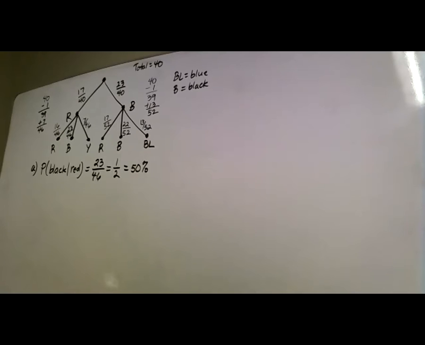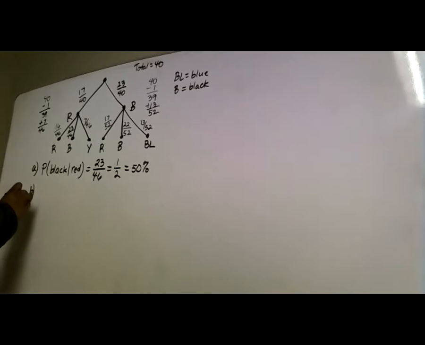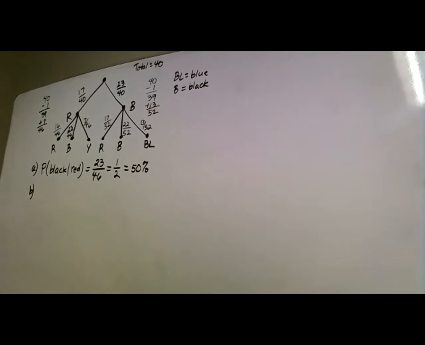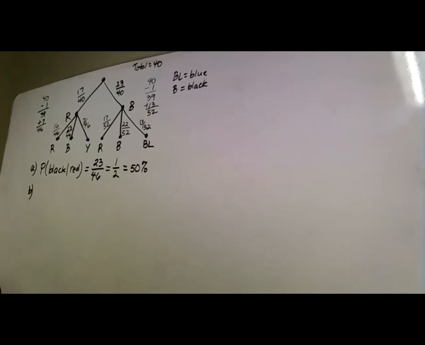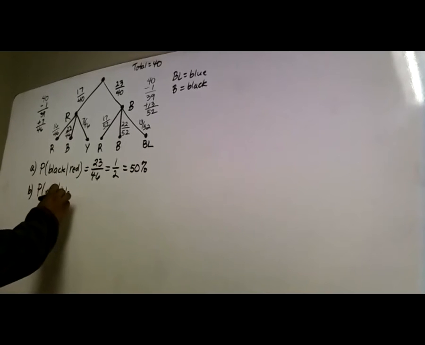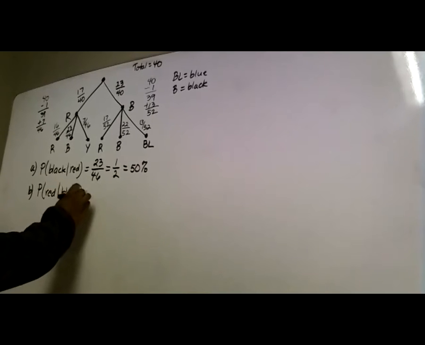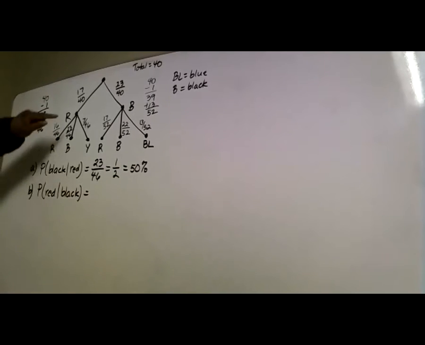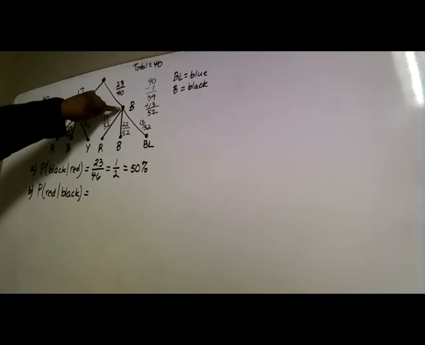Questions on part A? Okay. All right, part B, the probability that the second marble is red, given that the first was black. So the first was black. That's right here. We want the probability of getting a red marble.